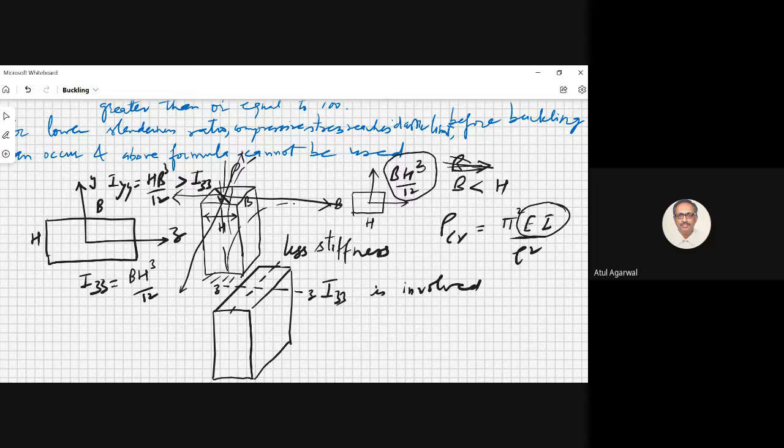Can you see that IZZ will be higher than IYY in this diagram, Kavalish? Yes, sir. Because the larger area is at a greater distance from ZZ. More area is closer to YY. So IZZ is higher. Then how should it bend?